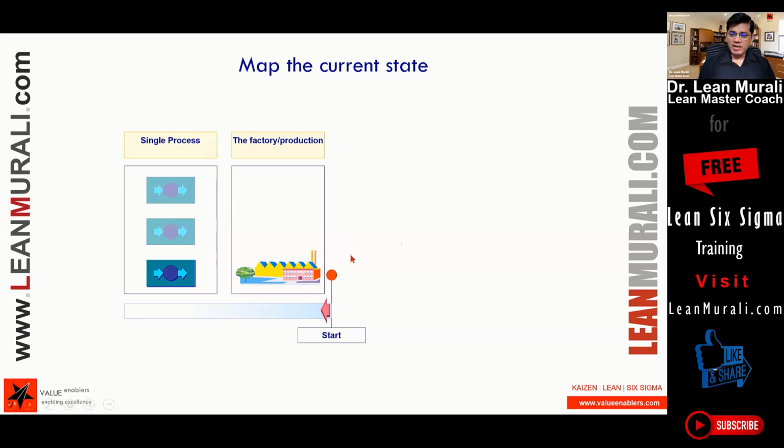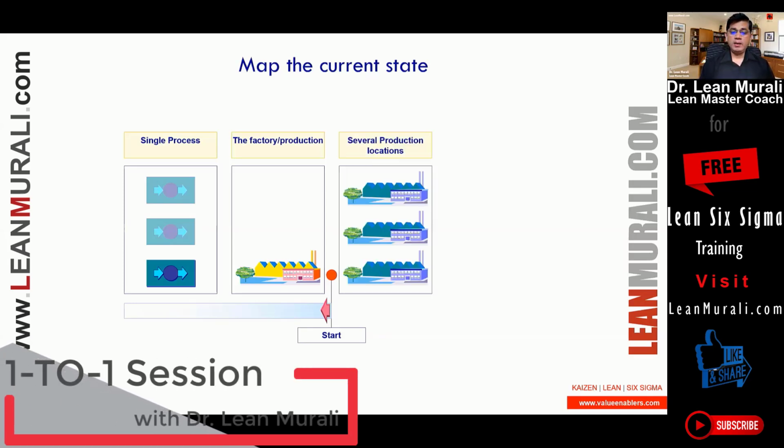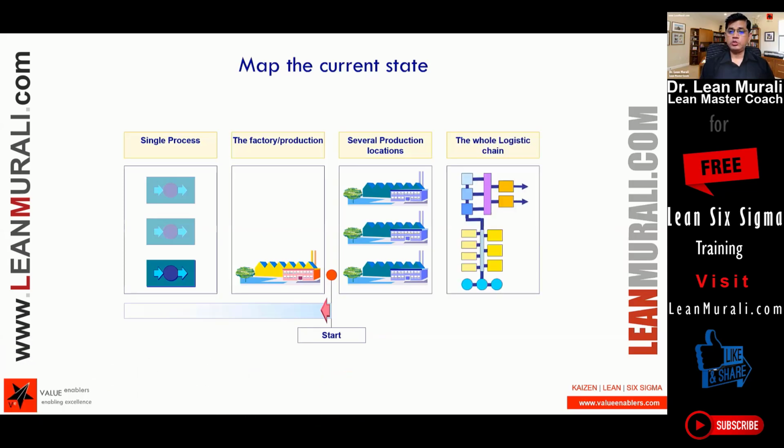So you should always start with one factory. It can be any factory, don't worry, but you'll have to do some preliminary assessment to see, if one factory is supplying to the other, logically which factory is the best place. When you visit the Gemba, you will be able to make that out. But don't start in all factories, start with one. After that, there are several production locations, and then you will have a whole logistics value chain.